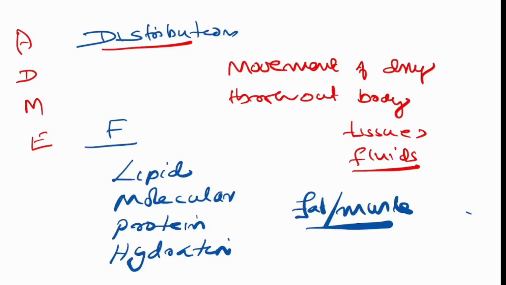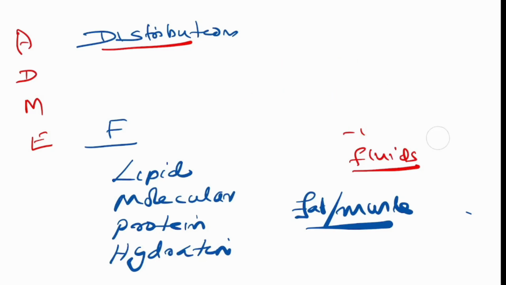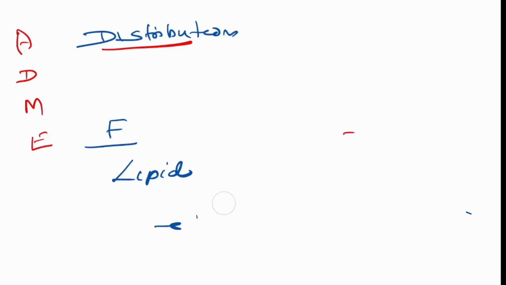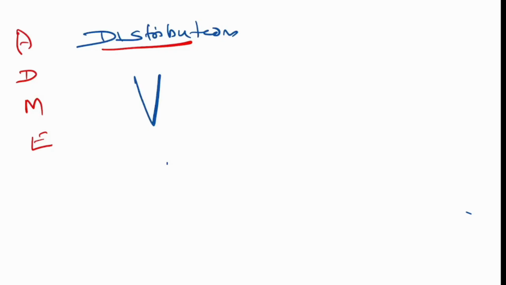Now we think about the distribution of the drug. One terminology you should remember is the volume of distribution, mentioned as VD.